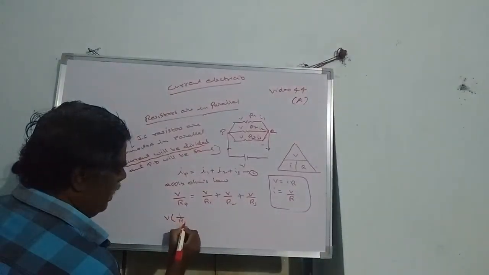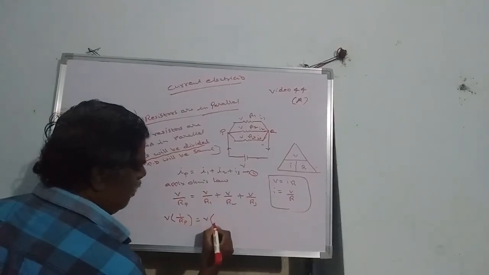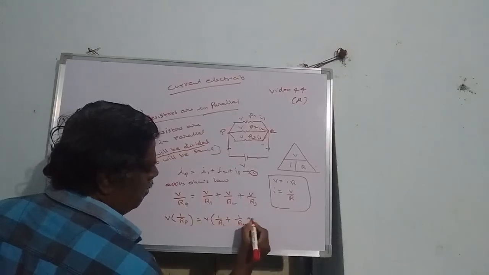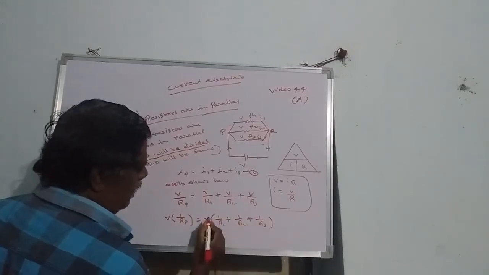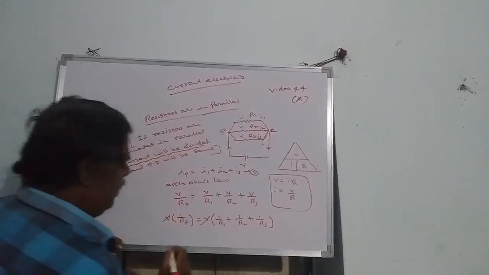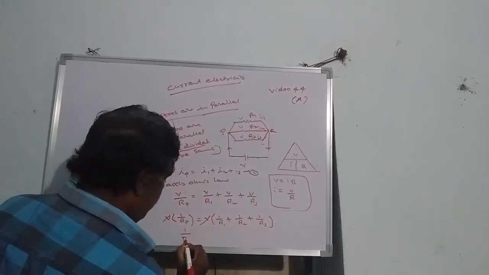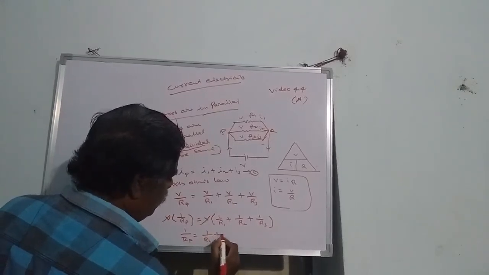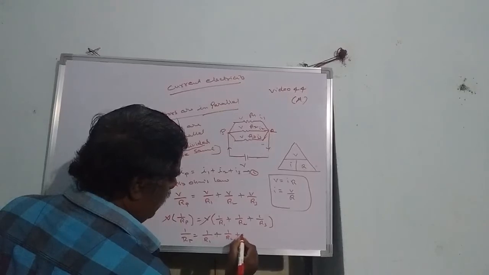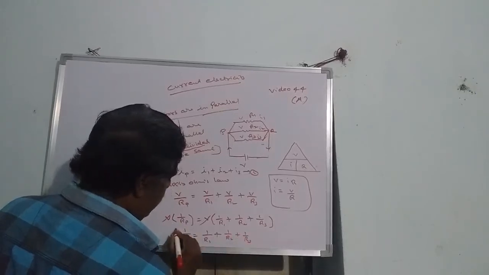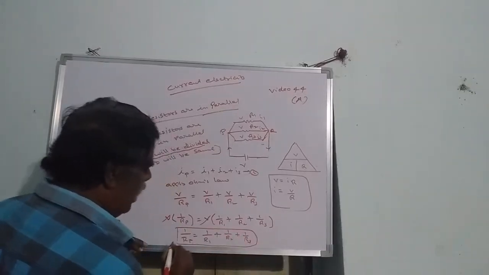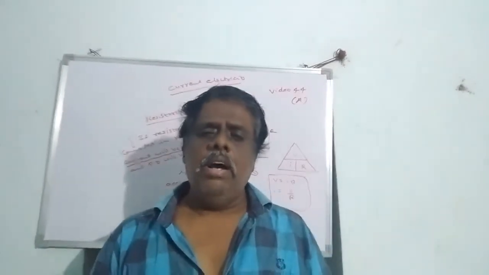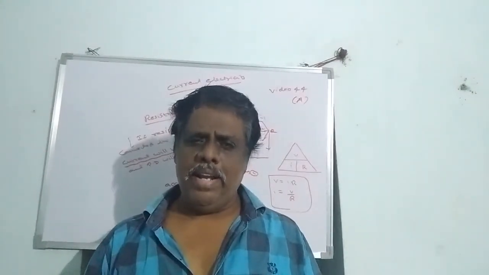Then it becomes 1 by Rp equals V times (1 by R1 plus 1 by R2 plus 1 by R3). Cancel this V and V. We get 1 by Rp is equal to 1 by R1 plus 1 by R2 plus 1 by R3. So this is the formula for effective resistance, or combined resistance, or total resistance in the parallel combination.